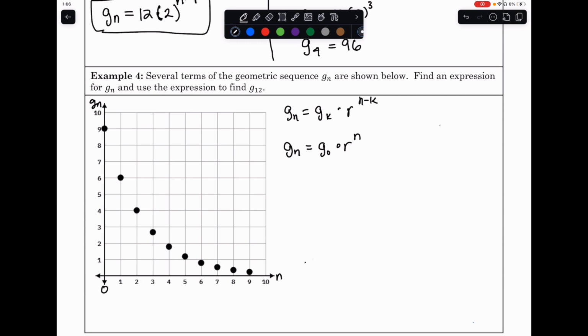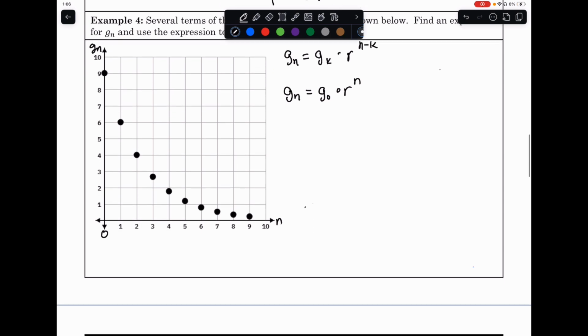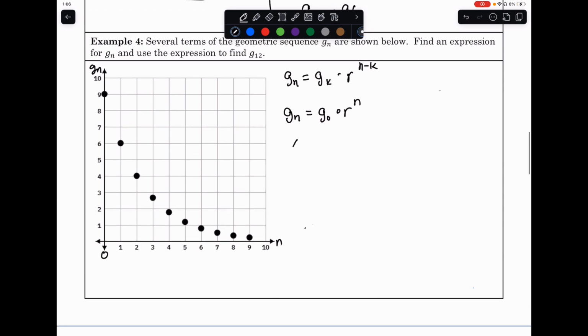In this situation here, if I represent this again as a table, not x, I'm sorry, but n, the value of g of n when n is 0, according to the graph, is 9.